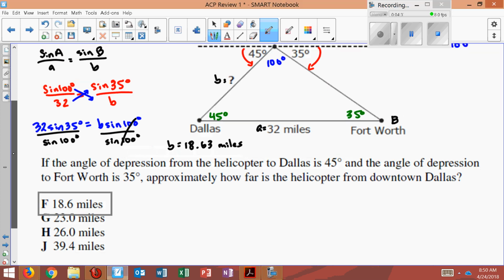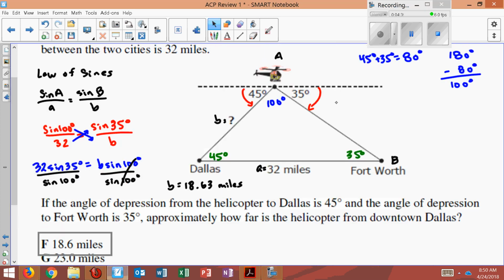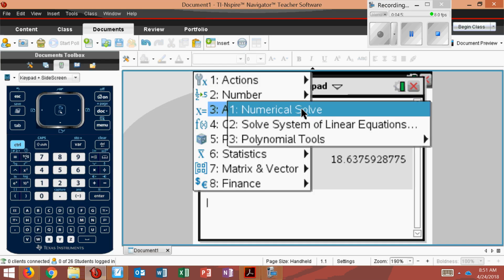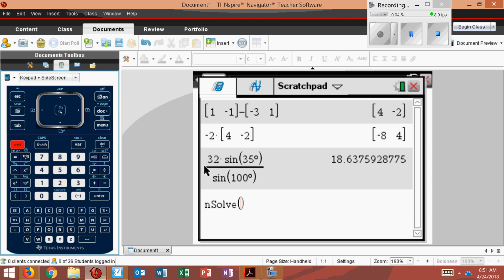And now, if you wanted to use insolve, let me walk you through how you do that. From this part here, I'm going to type this part in. That was in red before we did any of the actual math calculations. So you'd go menu, 3 for algebra, and numerical solve is 1, and then you would type in the equations exactly as they appeared.